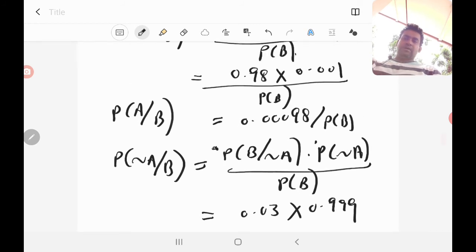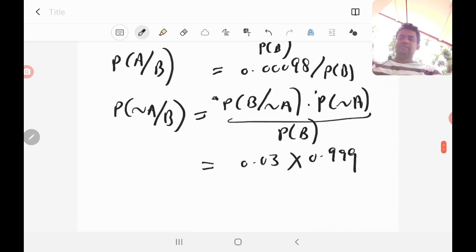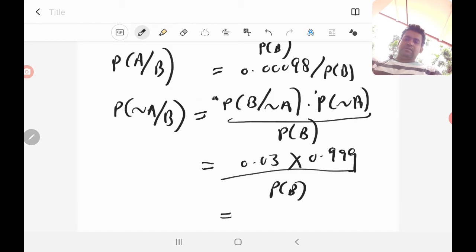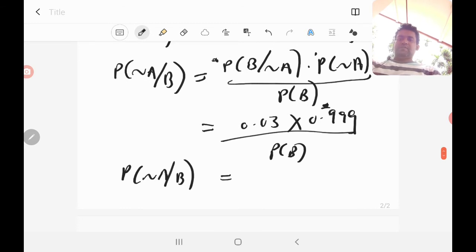0.999, that is 1 minus this prior, divided by PB. So here, not A given B, this value is kind of close to 1, so we can assume it's 1, and I'll write it as this.